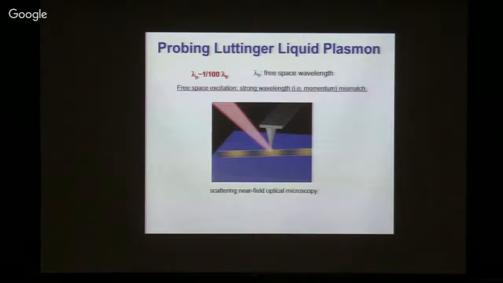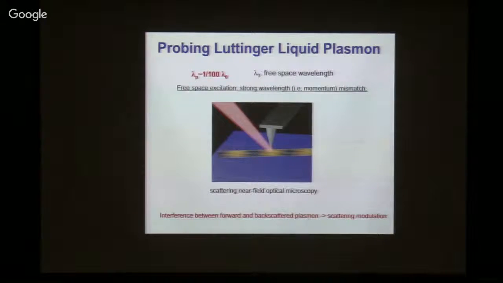Since the AFM tip can provide the large momentum, it can excite the plasmon. When the plasmon propagates along the nanotube, it can be reflected and set up periodic oscillations, and that allows us to visualize the plasmon in real space.